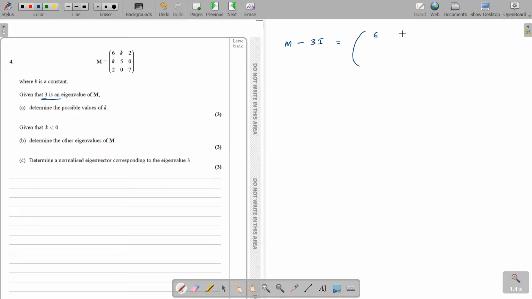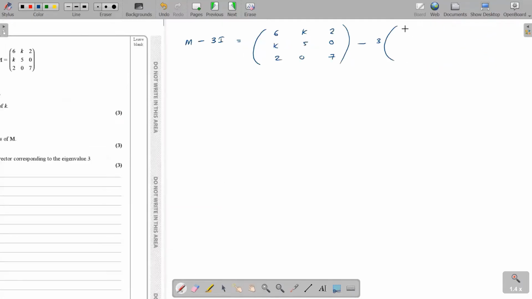M is 6, k, 2, k, 5, 0, 2, 0, 7. So M minus 3I, where I is the identity matrix 1, 0, 0, 0, 1, 0, 0, 0, 1. So when we subtract, we get 6 minus 3 into 1.